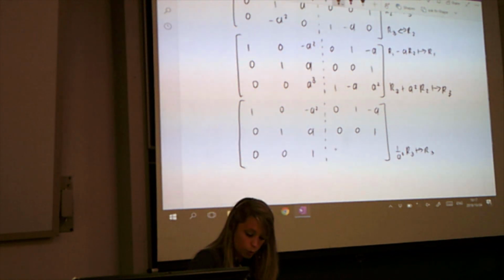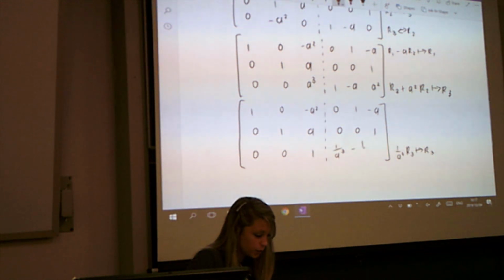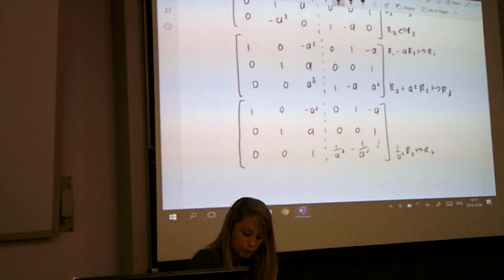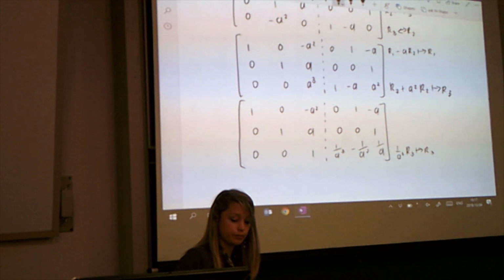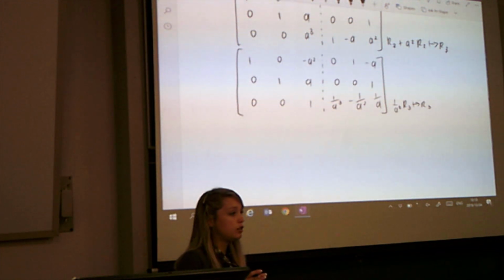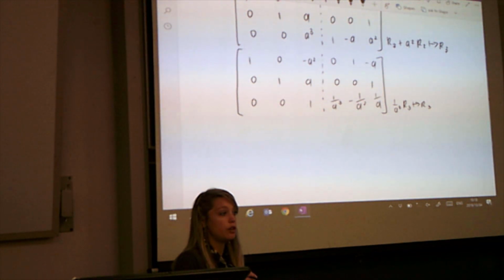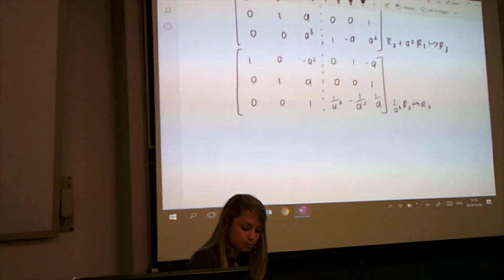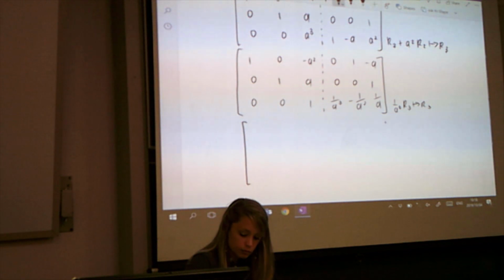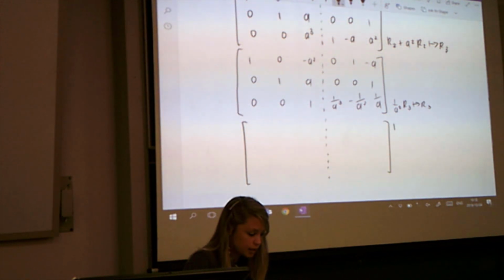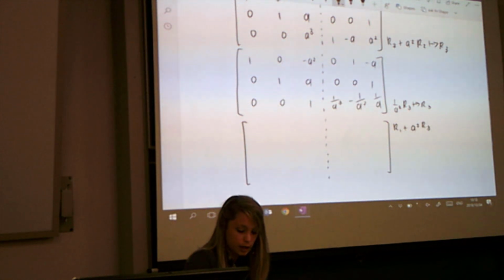Then I have 1 over A cubed, minus 1 over A squared and 1 over A. And now all I need to do is create all zeros below my third leading one. So I'm going to say row 1 plus A squared times row 3 gives me the new row 1.